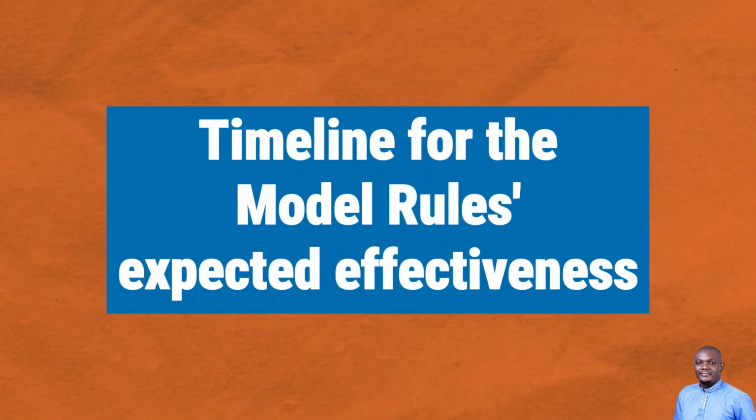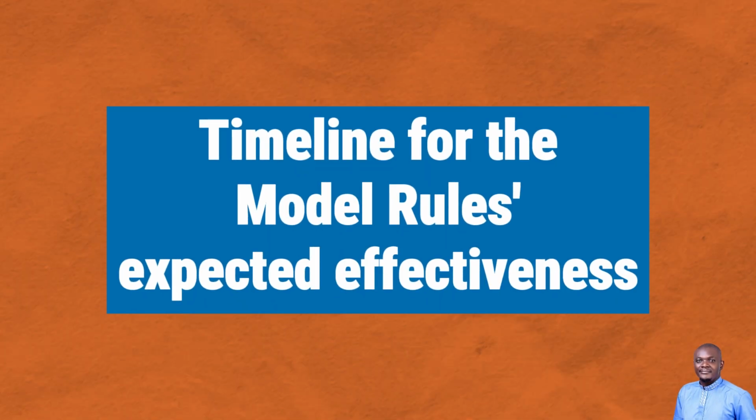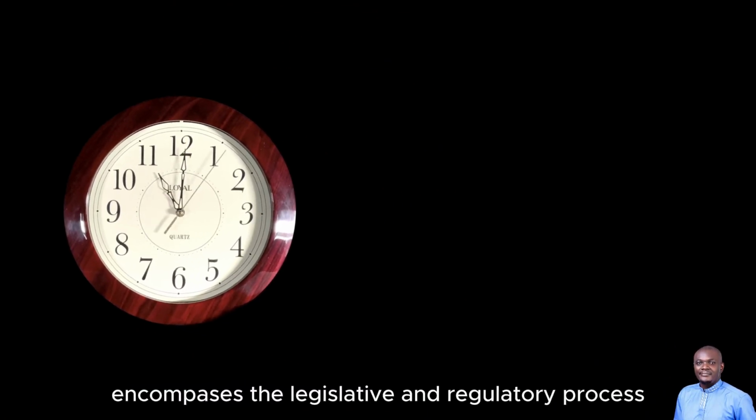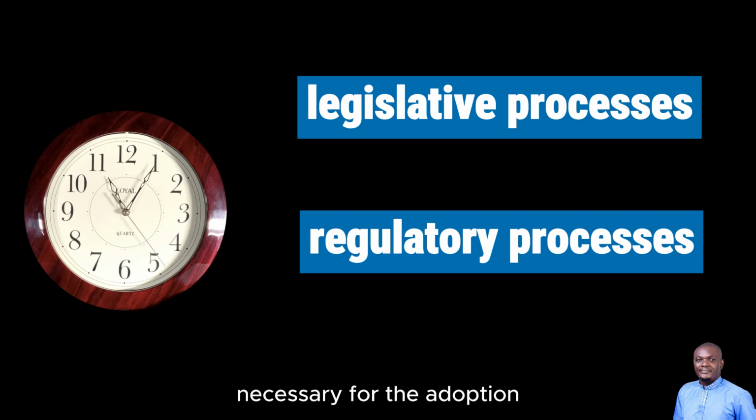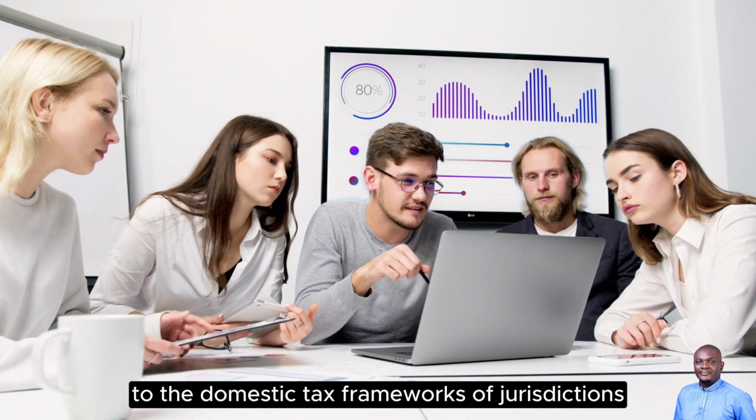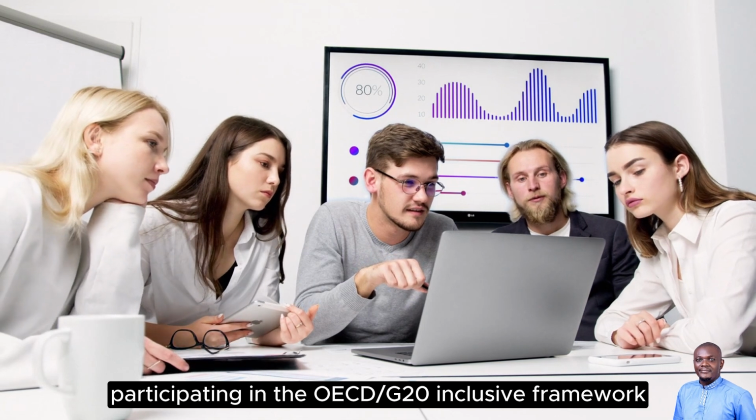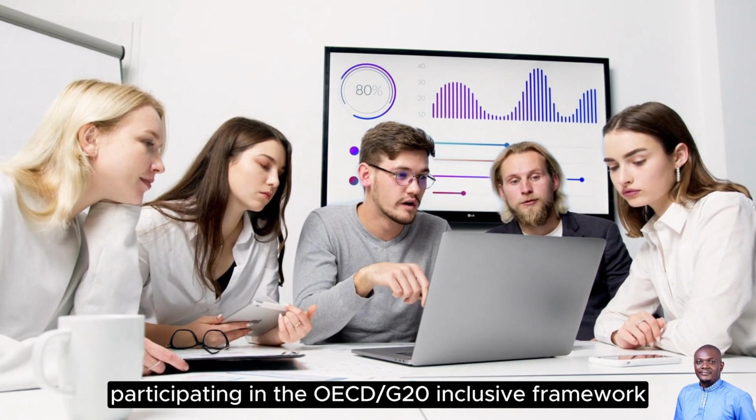Let's move on to the timeline for the model rules, expected effectiveness by domestic laws. The timeline for the expected effectiveness encompasses the legislative and regulatory processes necessary for the adoption and incorporation of the model rules into the domestic tax frameworks of jurisdictions participating in the OECD G20 Inclusive Framework.